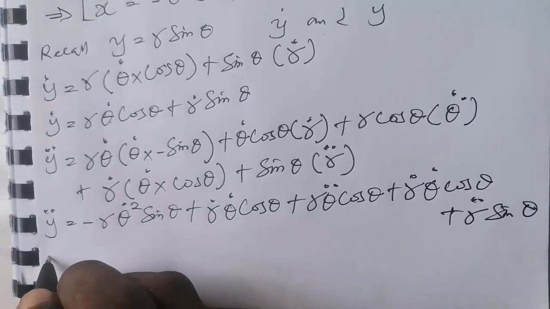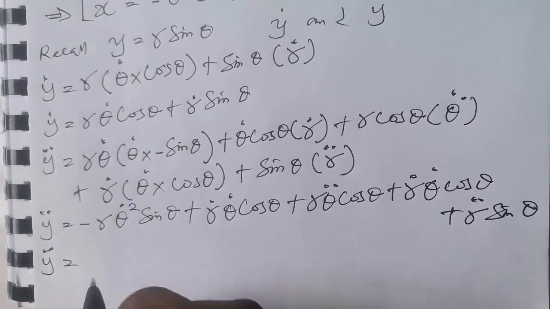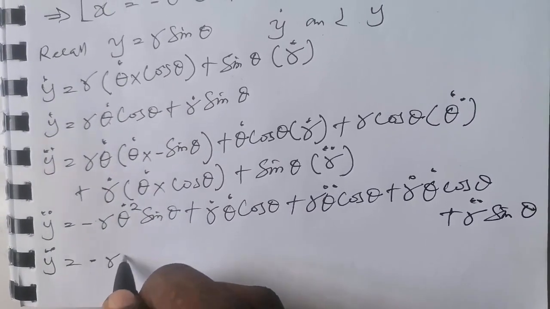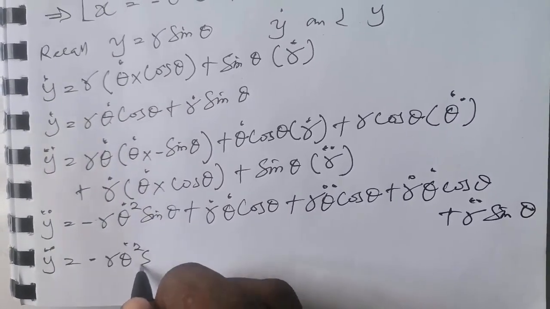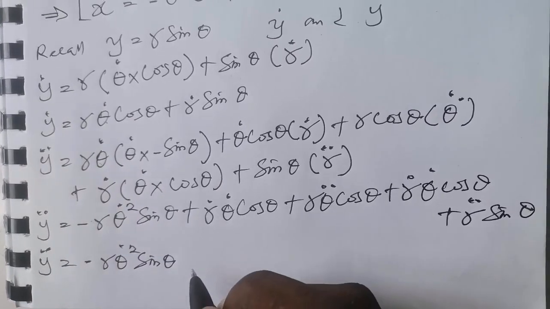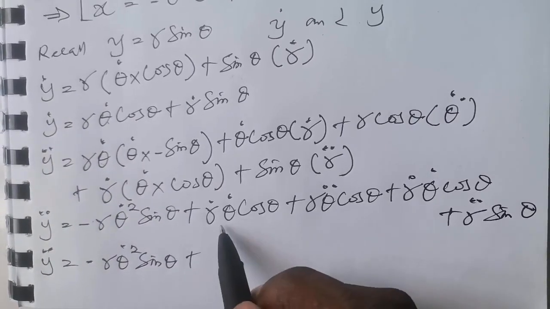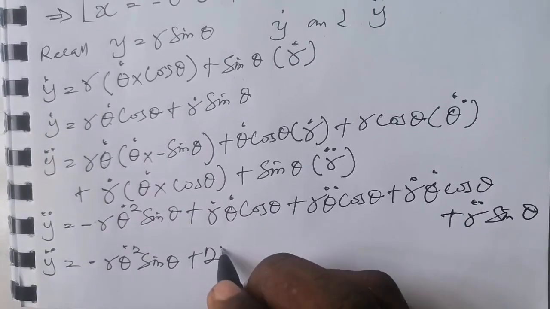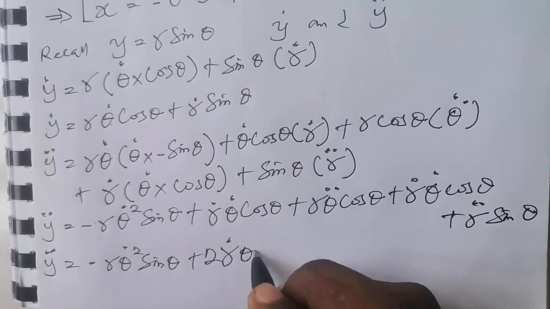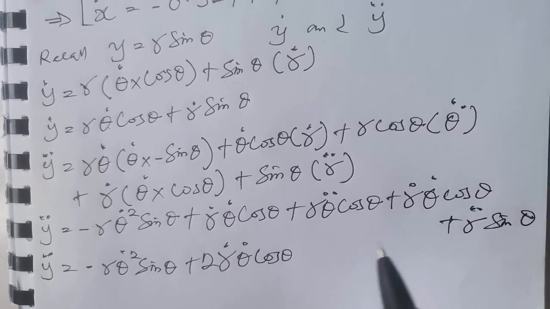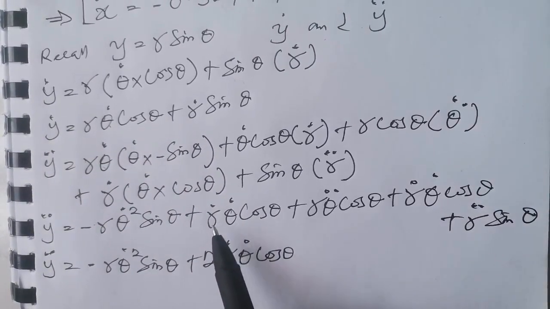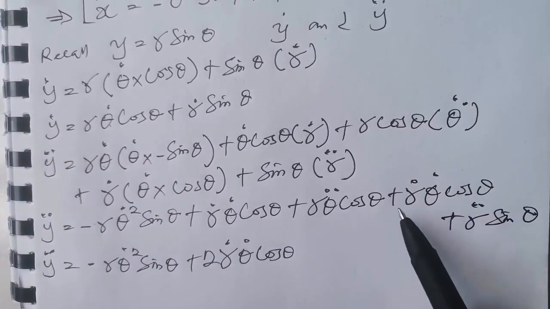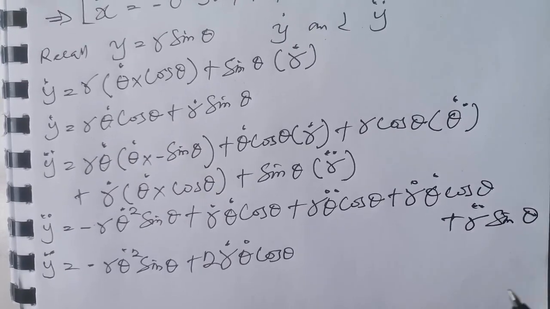So y double dot is now equal to minus r theta dot squared sine theta, plus r dot theta dot cos theta plus r dot theta dot cos theta gives us 2 r dot theta dot cos theta.